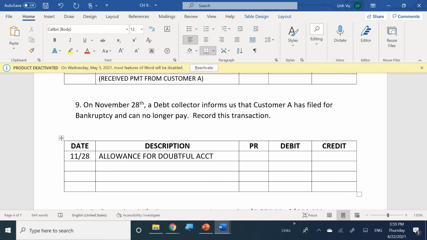So in this case, accounts receivable. Now this time, how much is actually going to be? $476.25. And of course, to remove customer A's accounts receivable balance.